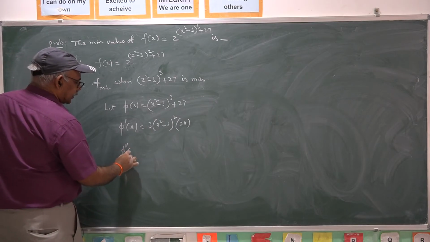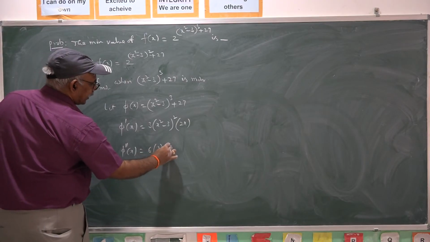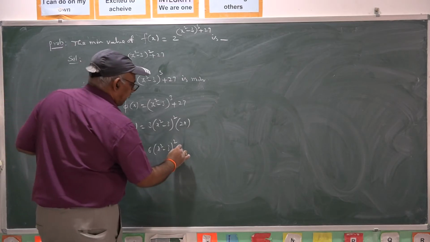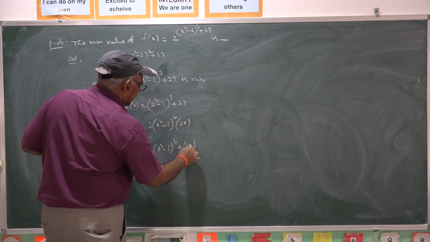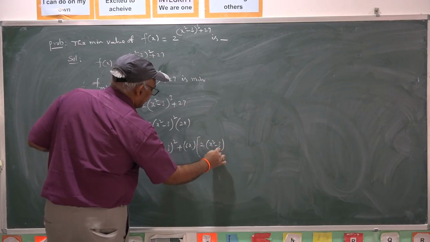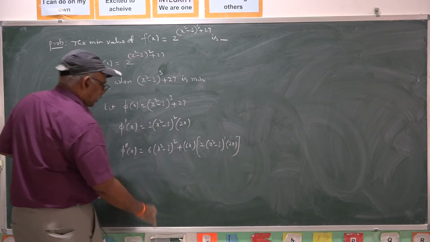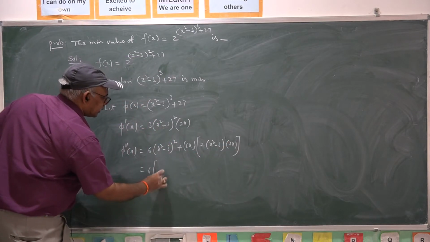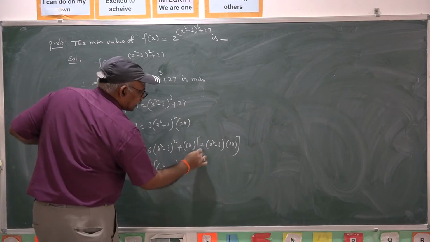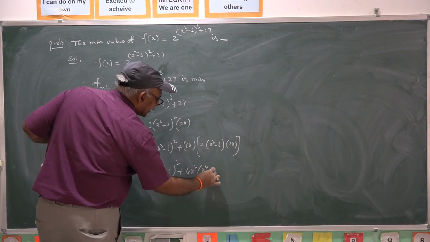Phi double dash x is 6 into (x square minus 3) whole square, derivative of x is 1, plus 6x into the derivative of this square, 2 into (x square minus 3) power 1 into 2x. That is 6 into (x square minus 3) whole square plus 4x square into (x square minus 3) itself.